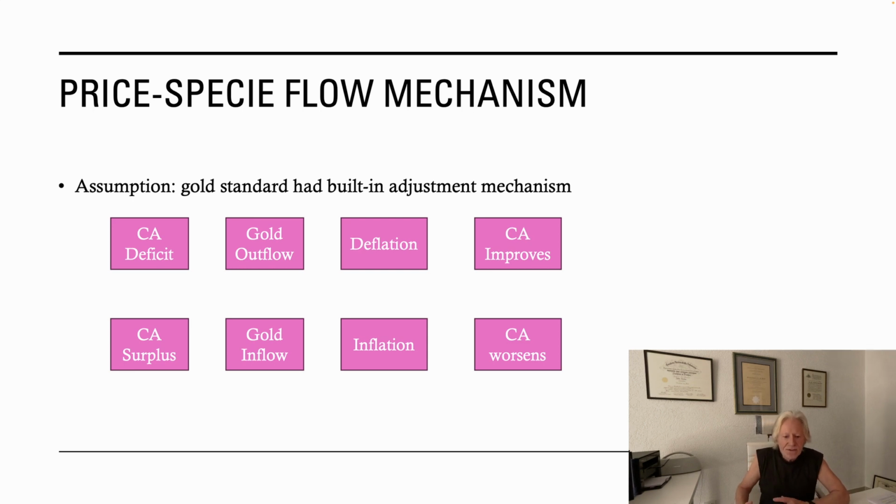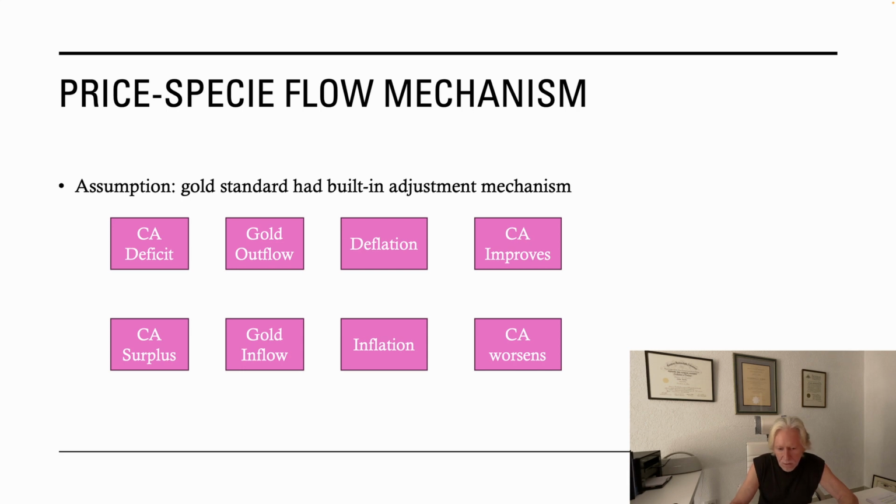Under these conditions, in this idealized but false version of the international gold standard, the country that is running a surplus in the current account will receive an inflow of gold from the country that's running a current account deficit. This consequently will lead to a correction in both countries, in the country running the deficit and in the country running the surplus.